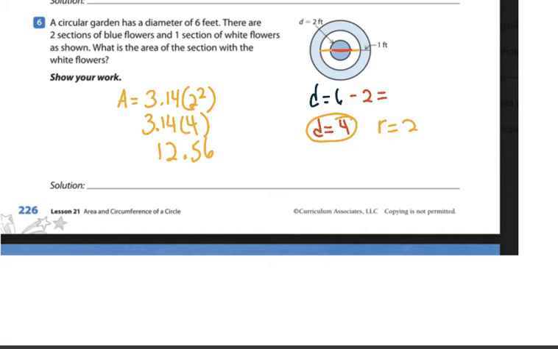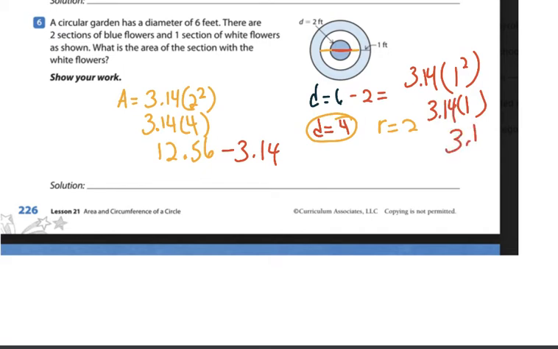It tells me that it has a diameter of 2 feet, so that means it's 1 squared times 3.14. Then that's going to be minus 3.14, because 1 squared is 1, and 1 times 3.14 is 3.14. So once I subtract that out, that gives me 9.